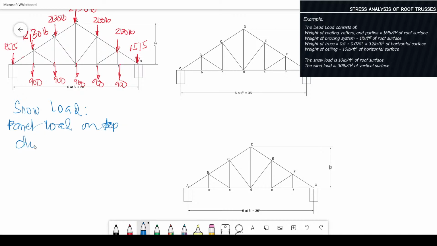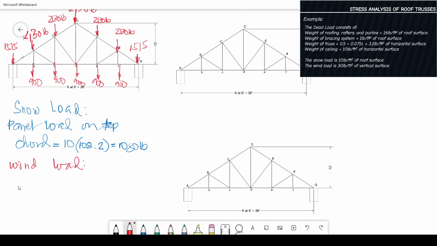It is given here, 10 pounds per square foot of roof surface, the area on which the snow is weighed. So times 108.2, that is equal to 1080 pound.